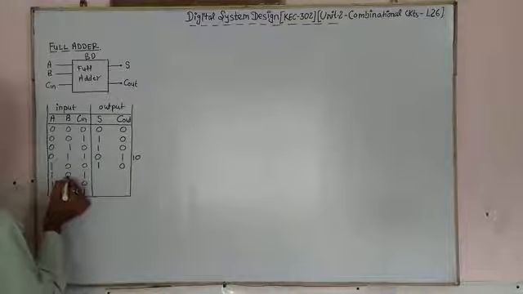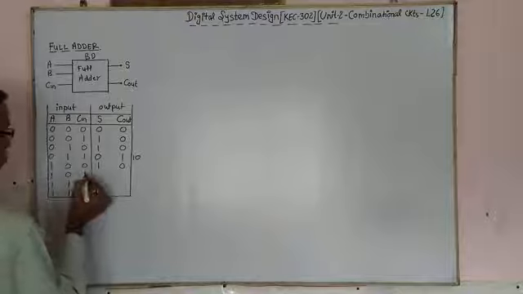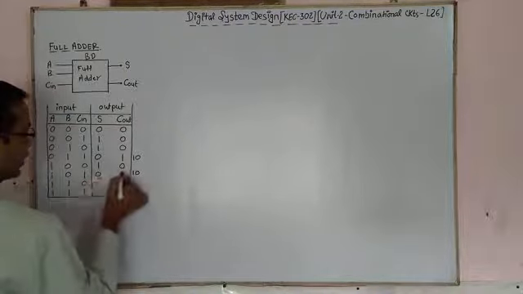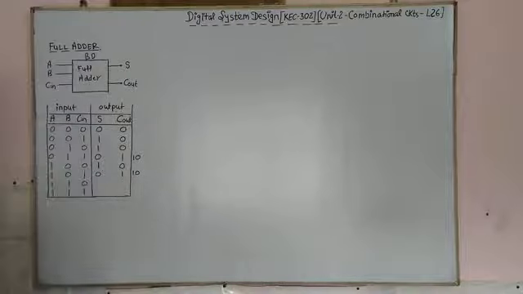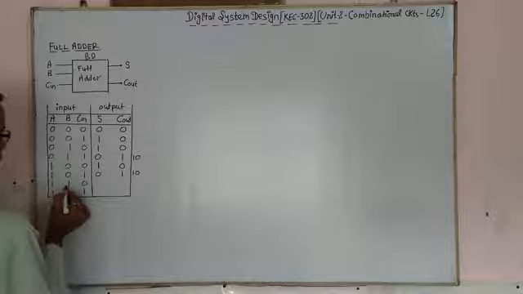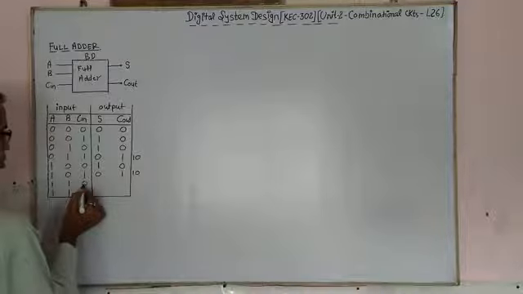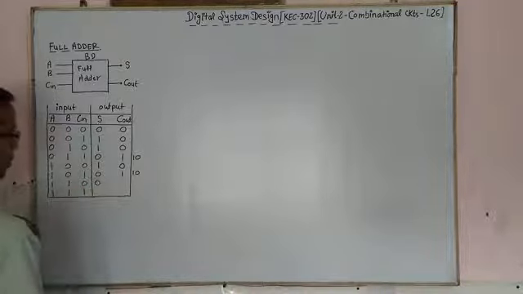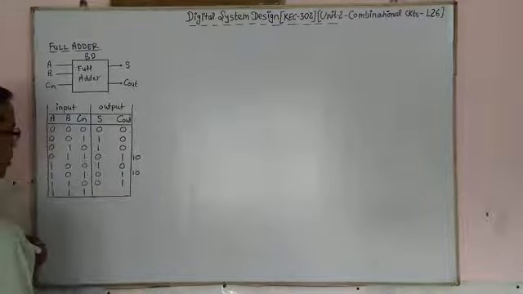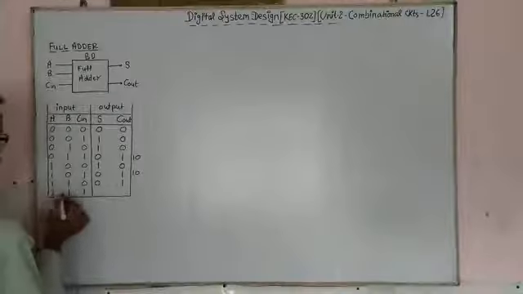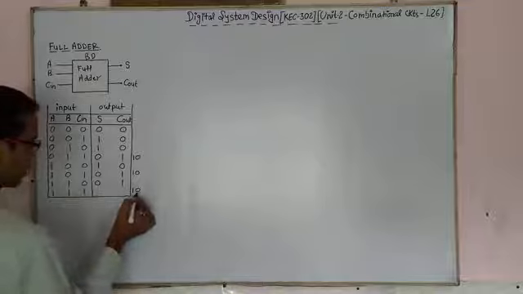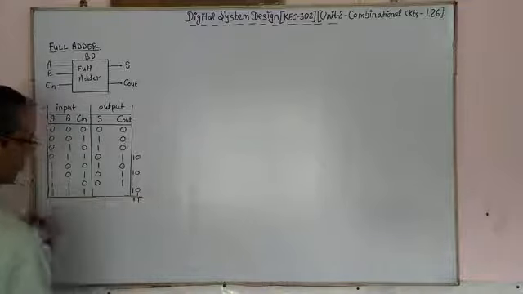1 plus 1 is 1 0, and 1 plus 1 is 1 0. You are getting sum 0 and you are getting carry 1. Similarly here 1 plus 1 is 1 0, 1 0 plus 0 is 1 0. You will get 0 and the carry is 1. Okay, and then finally 1 plus 1 is 1 0, and add again 1, you will get 1 1.